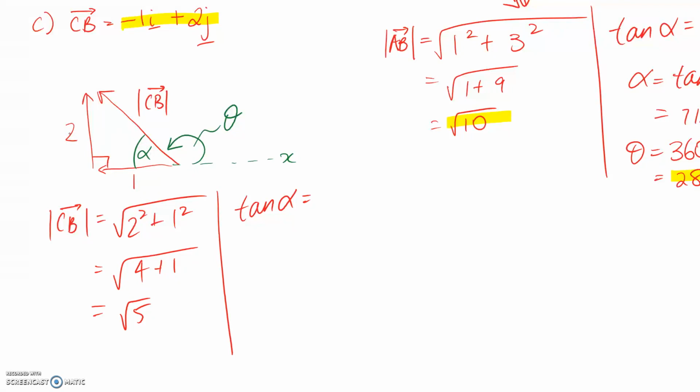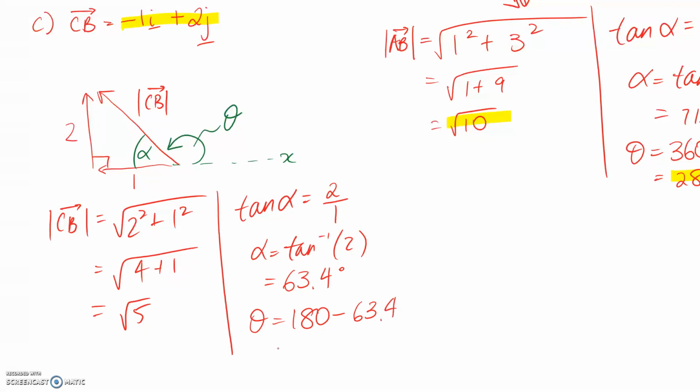So it's going to be the opposite, which is 2, divided by the adjacent, which is 1. So tan inverse of 2. This is 63.4 degrees. And then theta, we said it's going to be 180 minus that 63.4 degrees in order to leave this remainder here, and that becomes 116.6 degrees. So that's the magnitude and that's the direction measured counterclockwise from the positive x-axis.